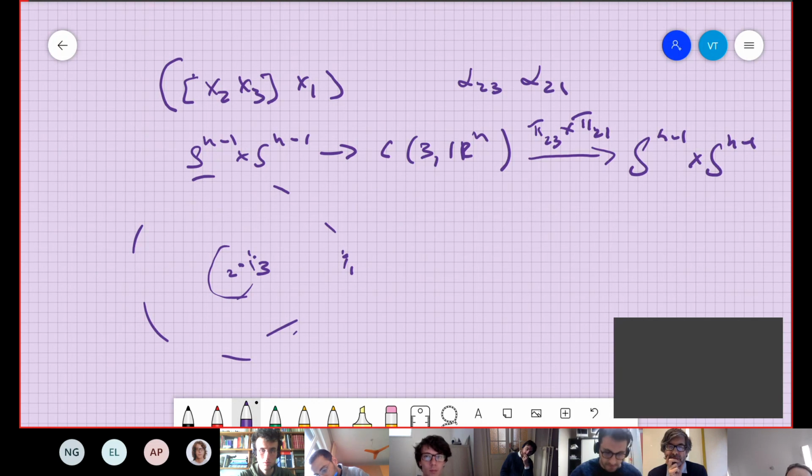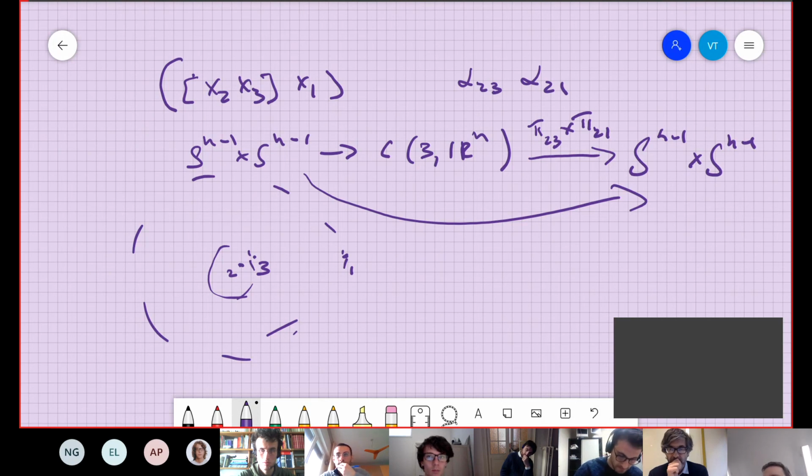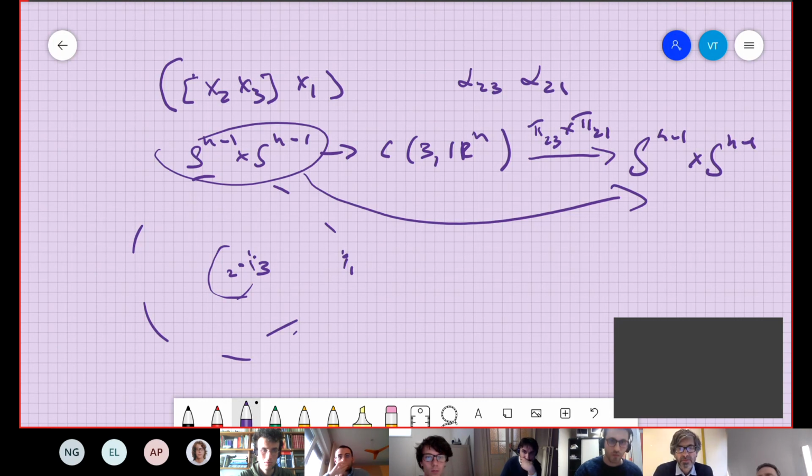When you take this composition, it's a degree 1 map, and so when you integrate it on this Sn-1 times Sn-1, you are going to get plus or minus 1 depending on the sign conventions. In this case, it's going to be 1. So, is it clear?